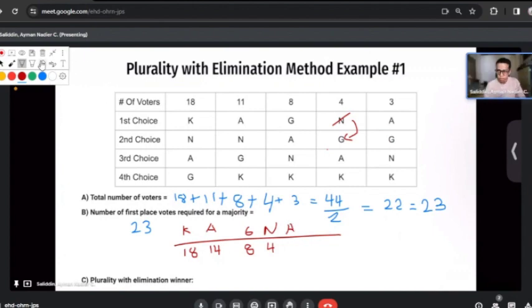So this is the first chart that we have. Now, since we eliminated Nadir, like I said, his votes go down to the next ballot, which is Girly. So Girly gets Nadir's 4 plus 8, which is 12. So now we're going to have a new chart.